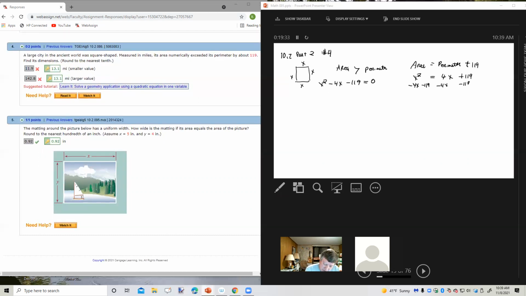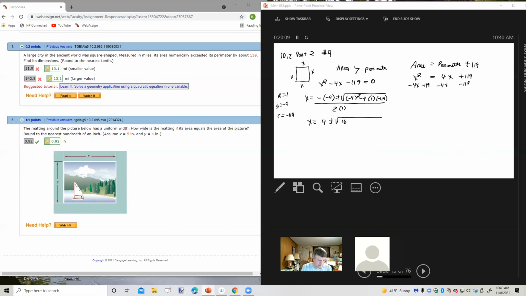So we're going to use the quadratic formula. A is 1, B is -4, and C is -119. X equals negative B plus or minus the square root of B squared minus 4AC, all over 2A. X equals, the opposite of -4 is +4, plus or minus the square root of -4 times -4 is 16.